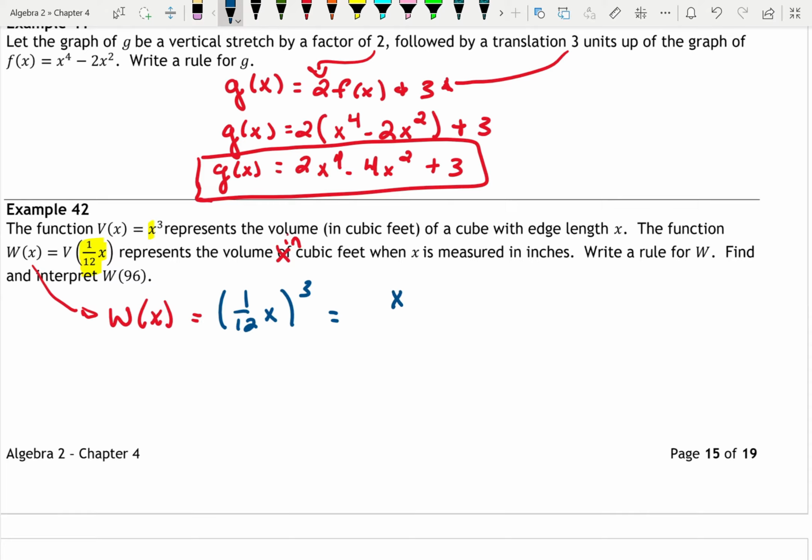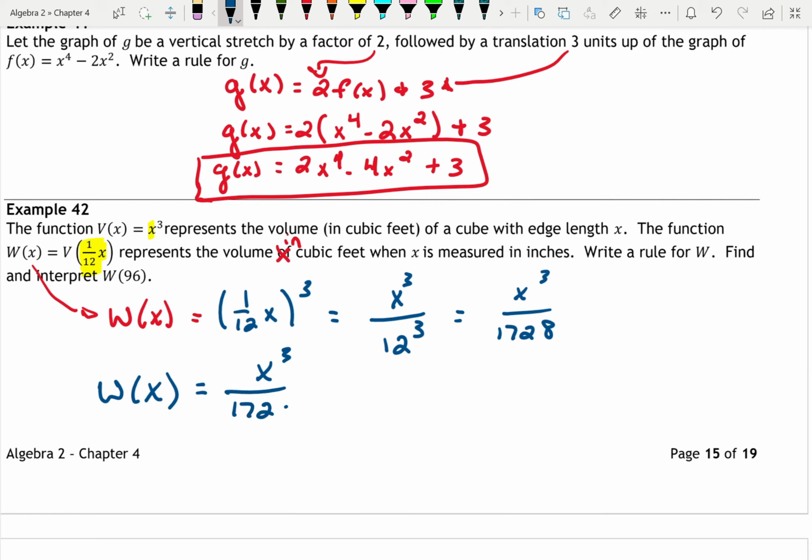This will be the same thing as x cubed over 12 cubed. And I'm going to write out what is 12 cubed. I don't remember. 12 cubed is 1728. So this is x cubed over 1728. So W of x equals x cubed over 1728. All right, there is part of our answer.